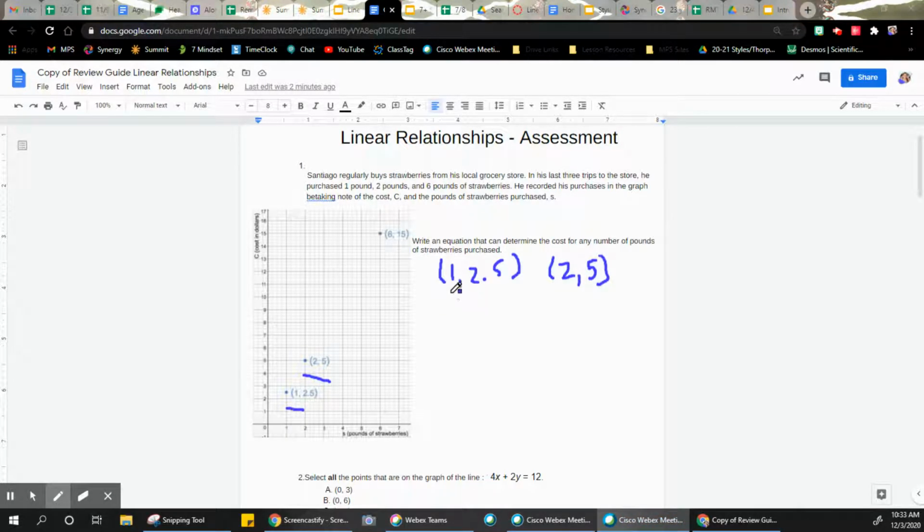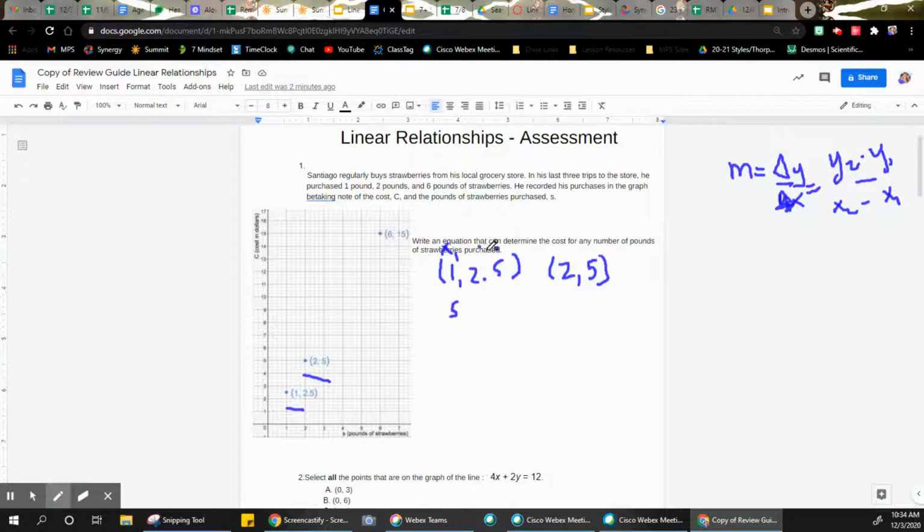So now I'm going to start by using my slope formula to calculate my slope, which is m equals the change in y over the change in x. Or we know that it is y2 minus y1 all over x2 minus x1. Well, first I'm going to label my points.